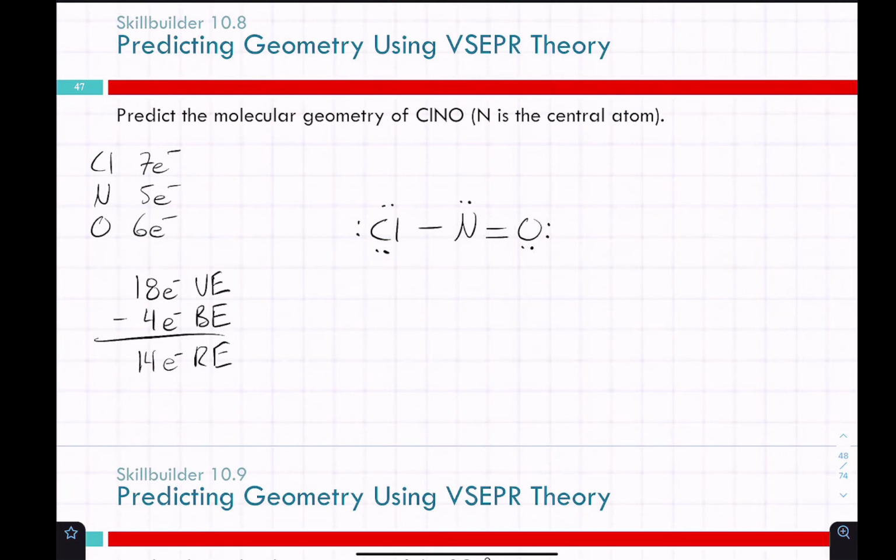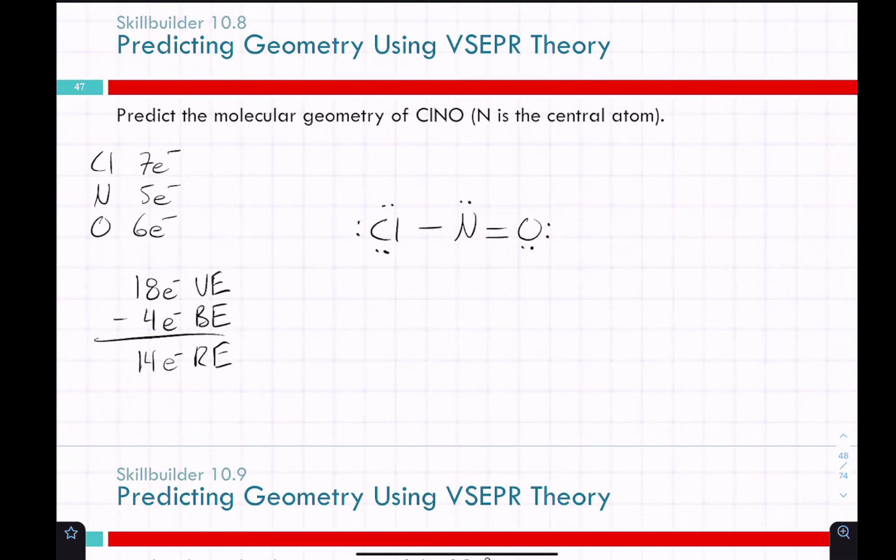Chlorine has 1, 2, 3, 4, 5, 6, 7 electrons and bonds. It's in group 7. Nitrogen, group 5: 1, 2, 3, 4, 5. That's a Chem 2 thing, really, but it's a really easy rule. They want to have as many bonds and electrons as their group number.